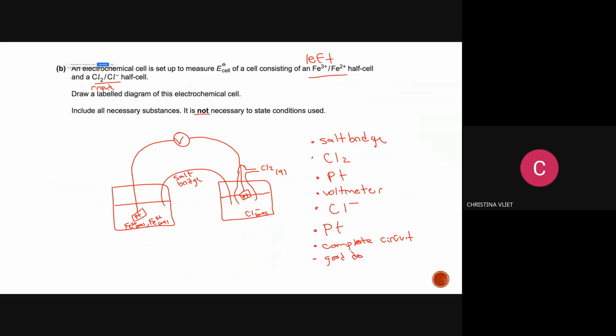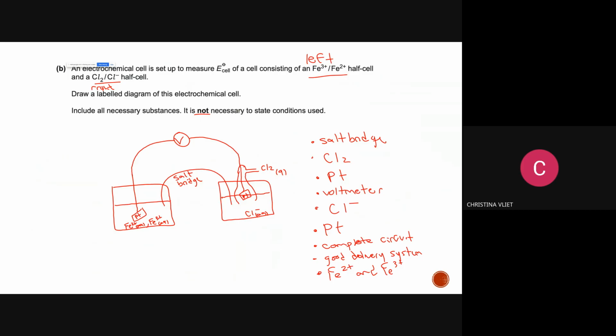That's probably where they would take away the mark. And then, do you have Fe2+ and Fe3+ both in the solution? So these are the 9 points, but this is worth how many marks? 3. So you count up how many of these things you got, and that's how you would earn up to 3 marks.